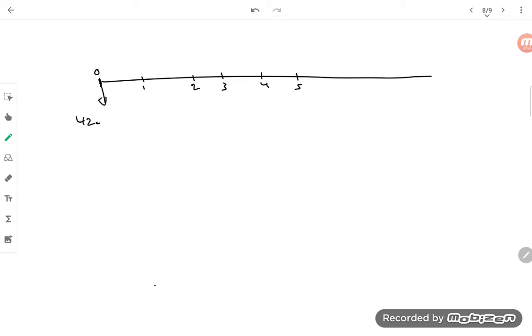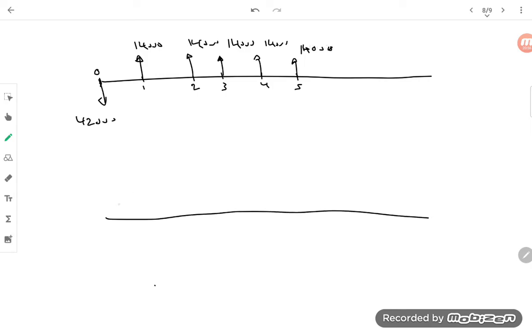So we can summarize it in a timeline just like this. This is for Project A, the initial investment in year 0, then 1, 2, 3, 4, and 5. For year 0, it's 42,000, and then it's 14,000, 14,000, 14,000, 14,000, and 14,000.